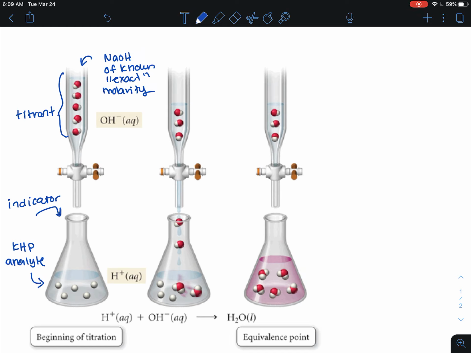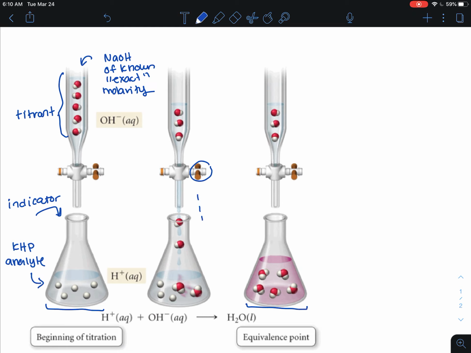The one we would be using for this reaction is phenolphthalein, because it's colorless in acid and pink in base. So when you add indicator into your KHP solution, it's going to be clear like what you see here on the bottom. However, once you add base and it's basic and it neutralized, it would be pink.